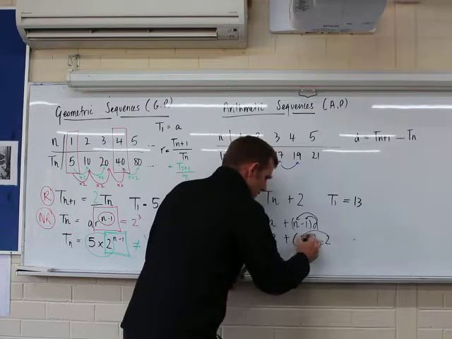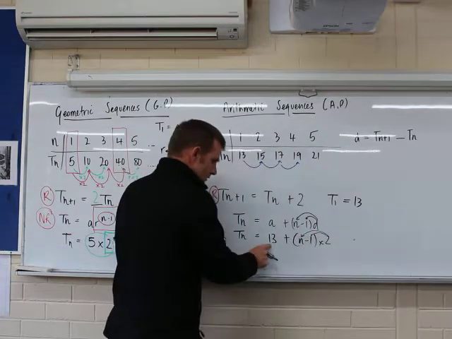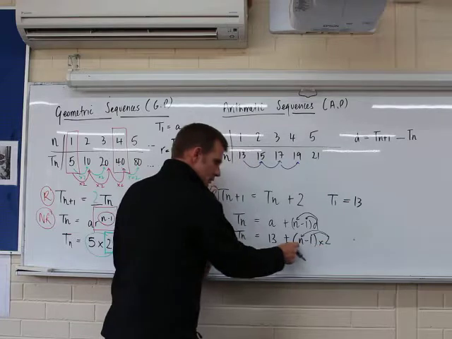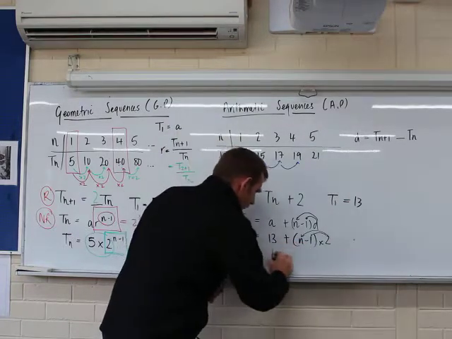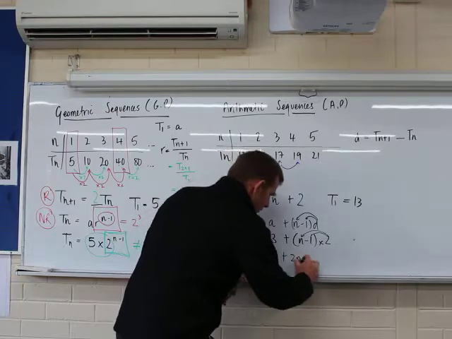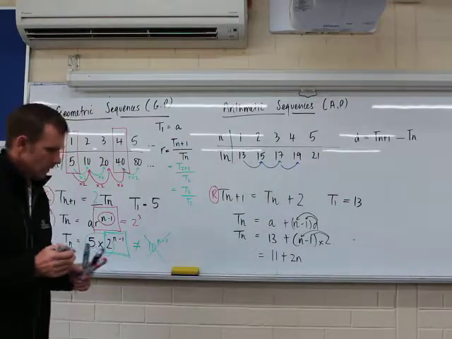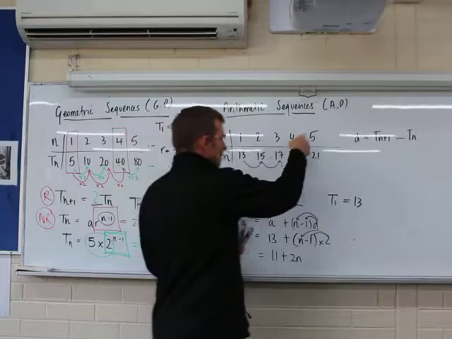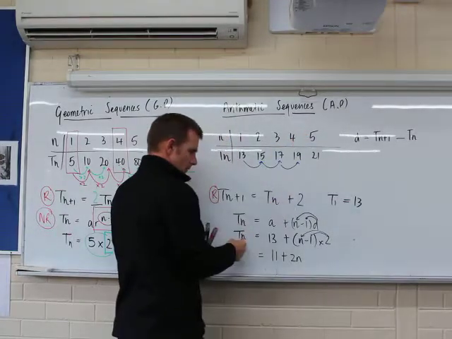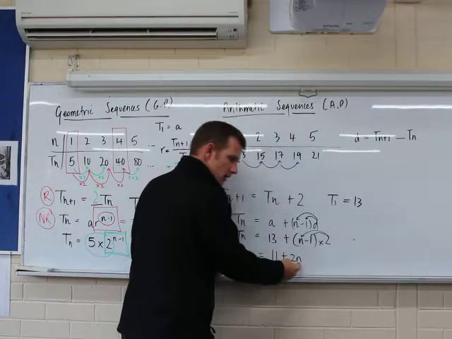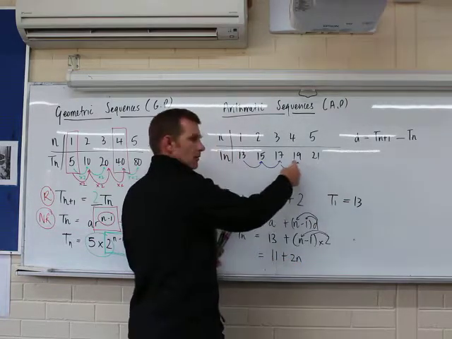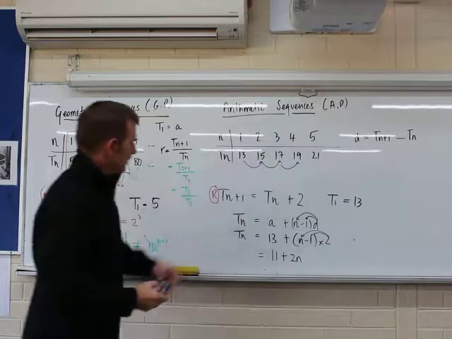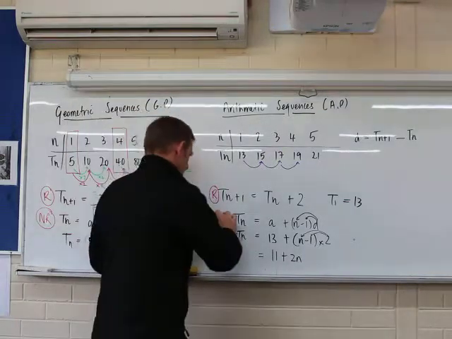Multiply this out as I said above. 13 plus 2n minus 2. So isn't that going to be equal to 11 plus 2n? And let's just check. This is the way. Take 4, put it in. Put a 4 in there. 4 times 2 is 8, plus 11 is 19. Bingo. Got it. So this is our non-recursive here.